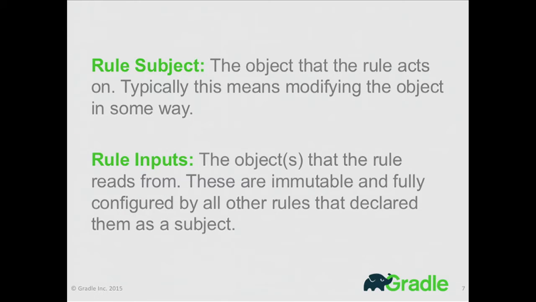Now, there are really two main bits to a rule. A rule, again, is just some bit of code. But rules have, for the most part, one subject, and then zero or more inputs. So a rule has: what is the thing that I am manipulating? What is the object in the model that I'm acting on? Typically, this is the thing I'm modifying.